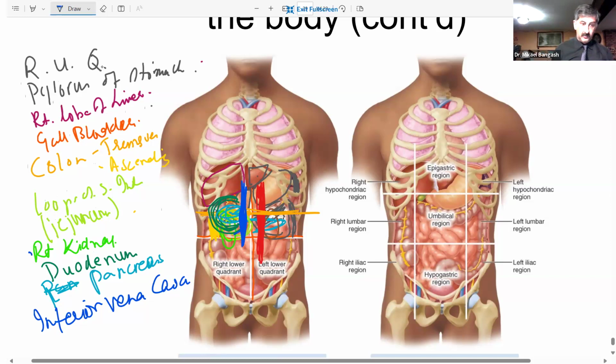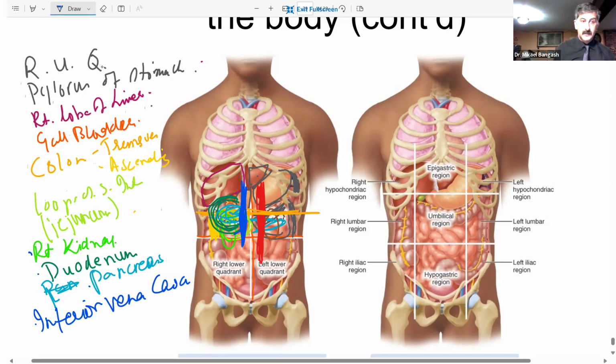We don't really see the duodenum on this diagram. You don't see the pancreas, and you don't see the inferior vena cava, because that requires that you move the colon to the side, and those loops of the small intestine. So these structures are lying deeper to it, or more accurately, posterior to the structures that occupy the field here.